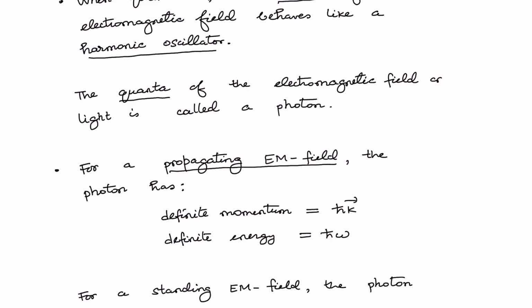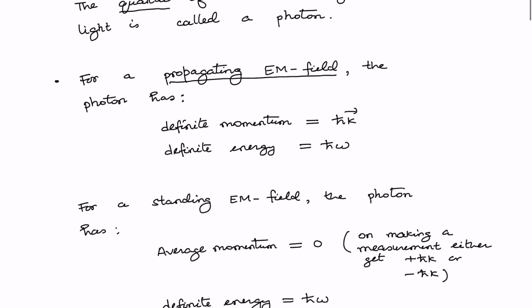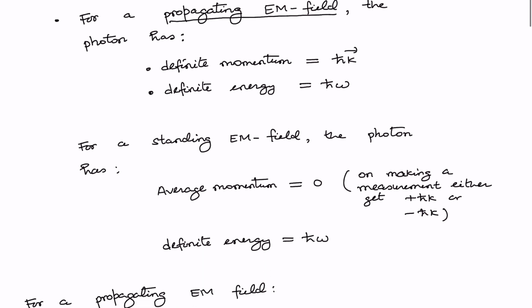In the case of the propagating electromagnetic field, the photon has a definite momentum and a definite energy, but for the case of the standing electromagnetic field, when quantized, it behaves again like a harmonic oscillator, but for the quanta of the standing electromagnetic field, which is again termed a photon, the average momentum of the photon is zero.